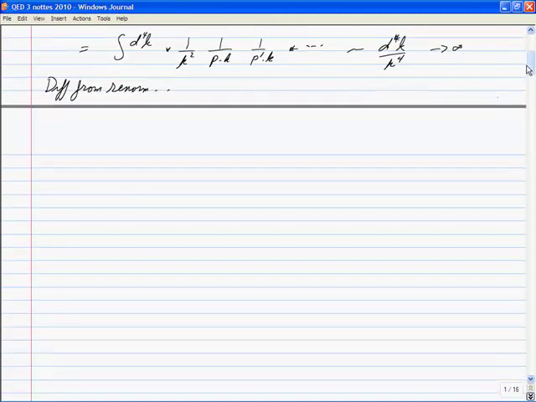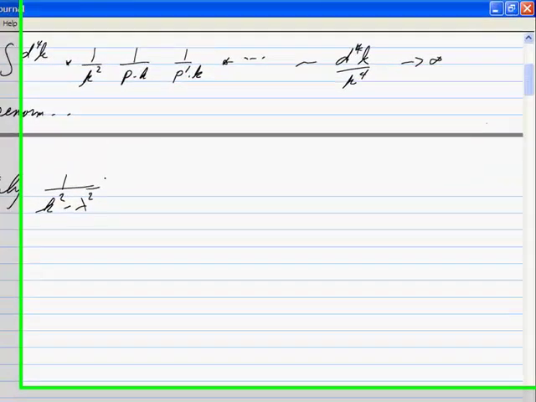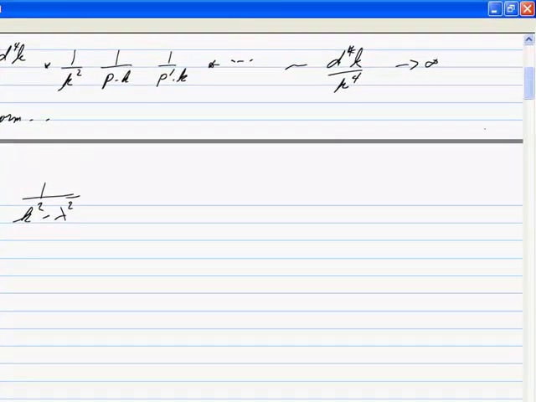So here's how we can imagine analyzing it. Let's temporarily take the photon and give it an effective mass. So instead of using 1 over k squared, we give it a small, tiny photon mass lambda. And at the end of the calculation, we'll try setting that to 0.